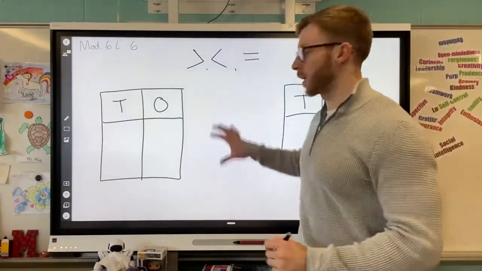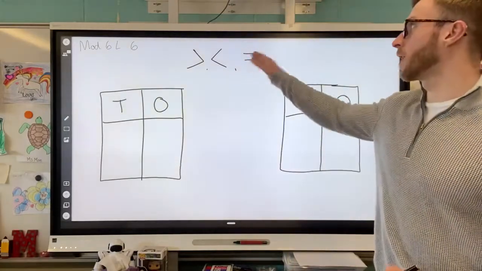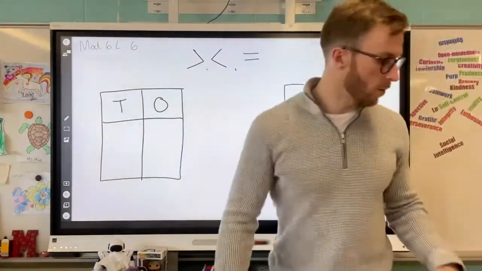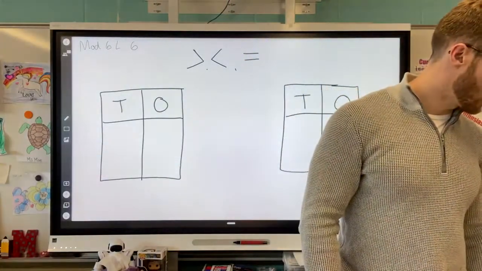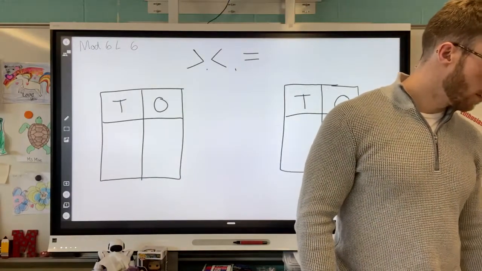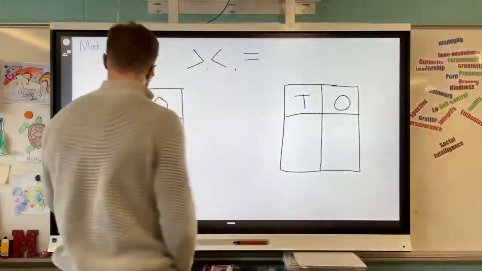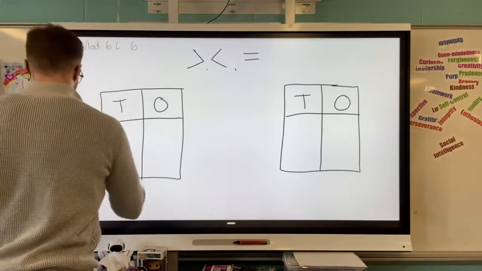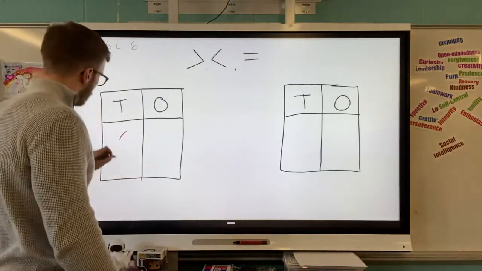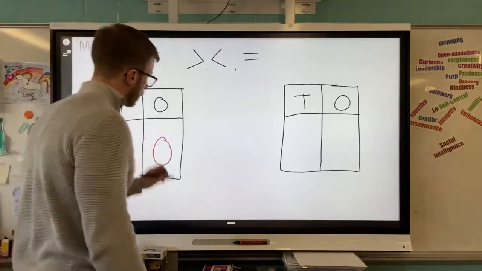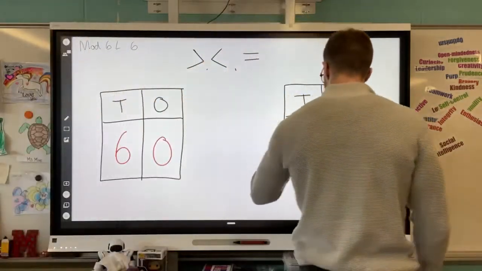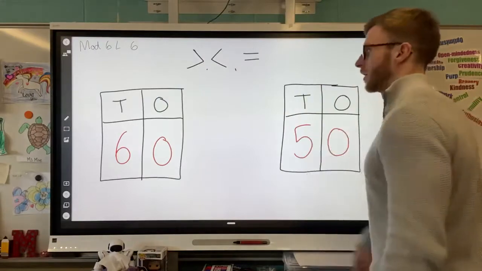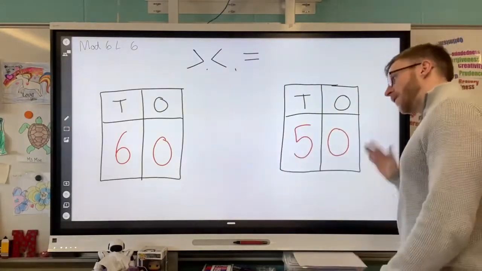So this is where we're going to add that symbol in, whether it's greater than, less than, or equal to. And our first number we are starting with is going to be, hold on, let me make it a different color so it's a little bit easier to see. All right, we have 60 and we have 50.